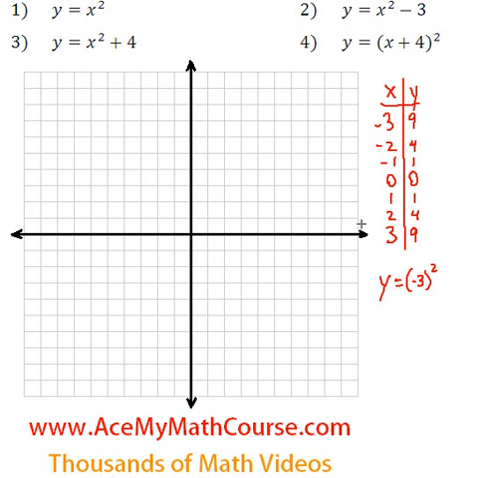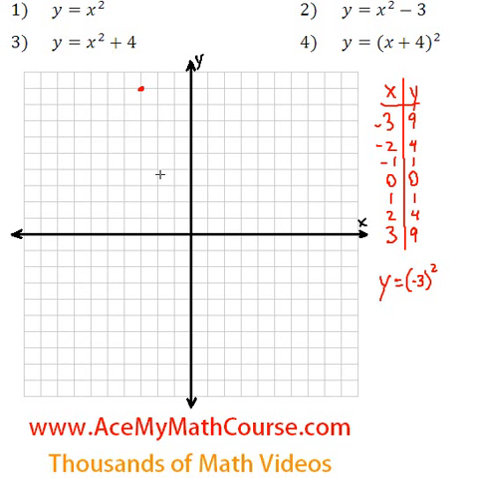By the way, let me label the x-axis and the y-axis. Excellent. So let's start with -3, 9. So x is -3, y is 9. We're 9 units up, 3 units left. Then we have -2, 4.